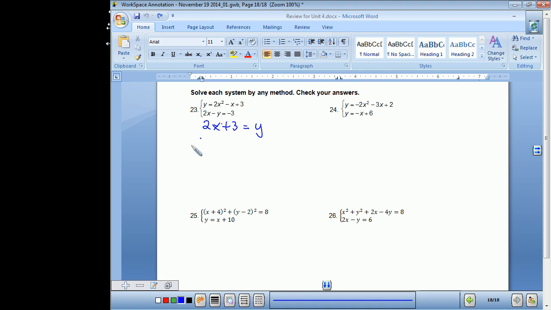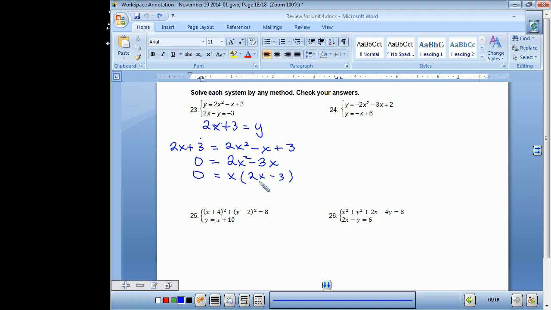Yes. So now we have 2x plus 3 equal to 2x squared minus x plus 3. So a quadratic must be set equal to 0. So when we move this stuff over, that's what we get. There's a GCF. There's x as a factor. Okay, so when we have this, guys, this product has to equal 0.